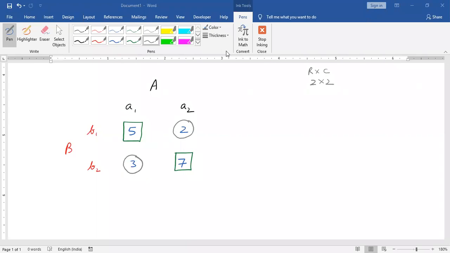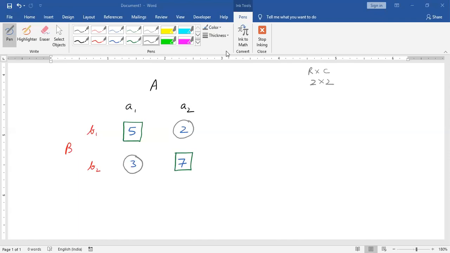A pure strategy game means we are going to use only one strategy. But the saddle point does not exist in this payoff matrix. That means it is not a pure strategy game. It is a mixed strategy game.